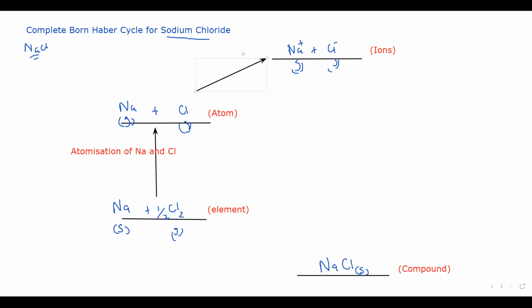Then the sodium atom turns into a sodium ion and the chlorine atom turns into a chloride ion. This is because sodium is losing an electron, so it is the ionization of sodium, or first ionization, because one electron is removed from sodium.